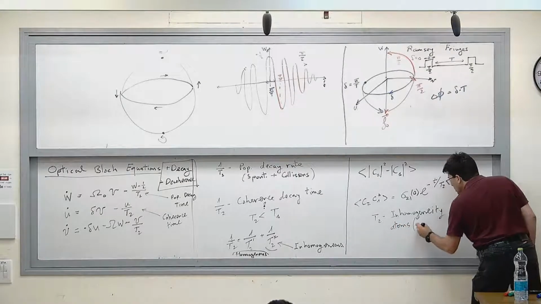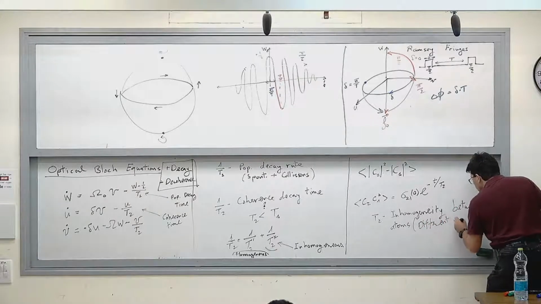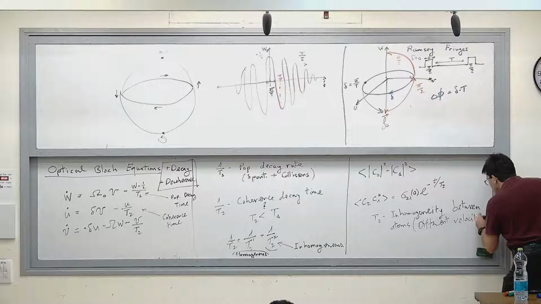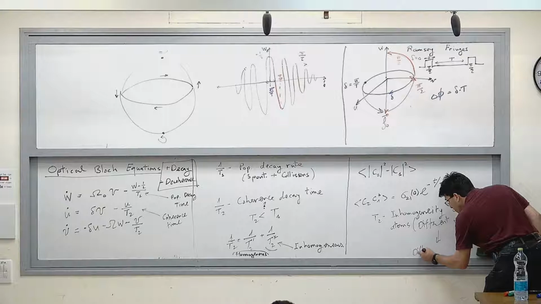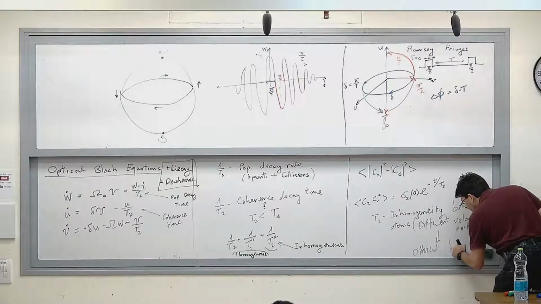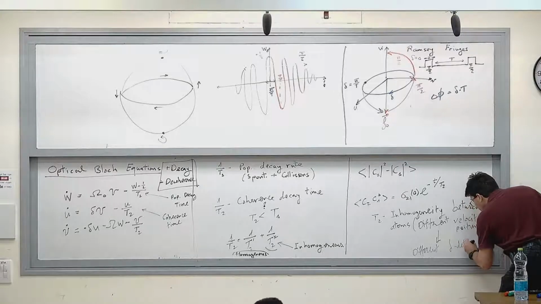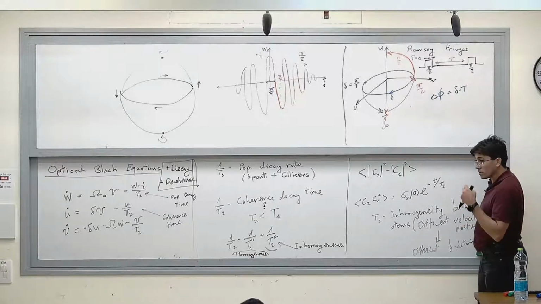It can be different velocities or positions that cause different detunings. And this is a clear source for decoherence.